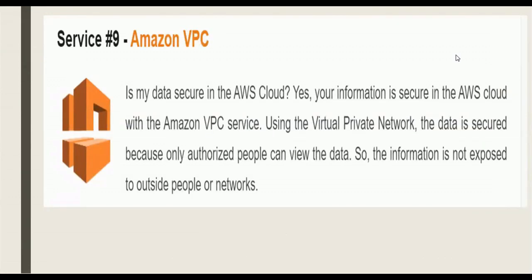One most important service is Amazon VPC. It is used for networking. If you want to create your virtual private cloud or your own network, you can use this VPC. With Amazon VPC, your data will be secure because it will not be exposed to outside people on the network.